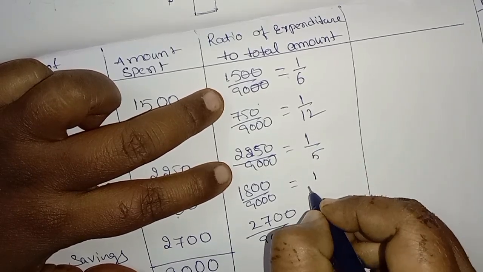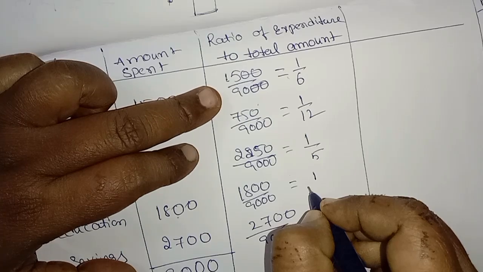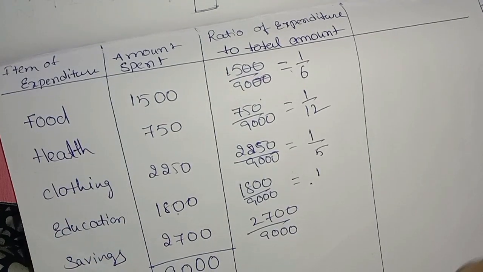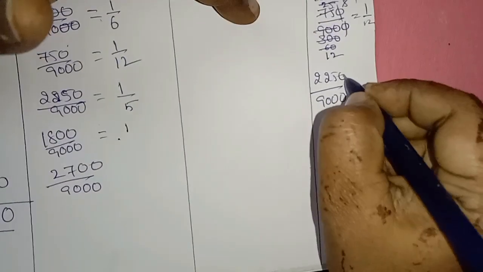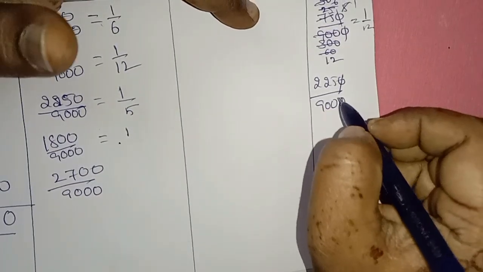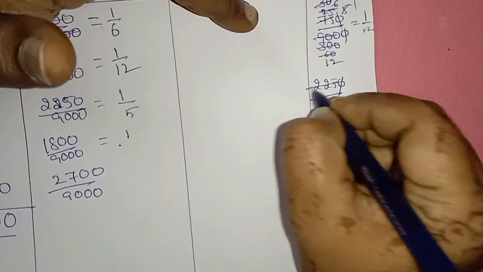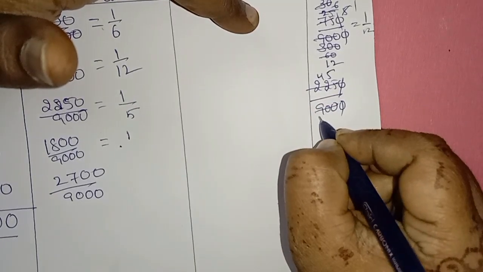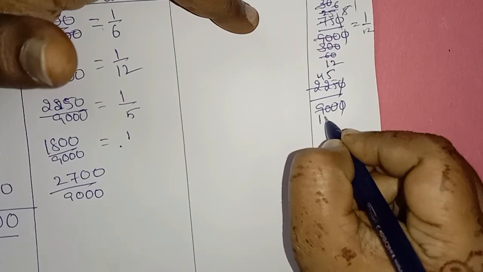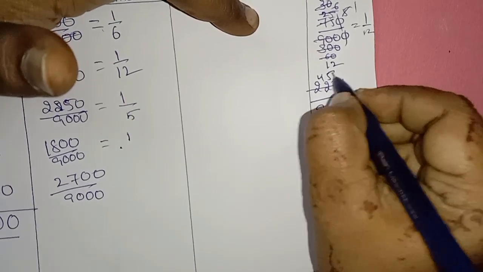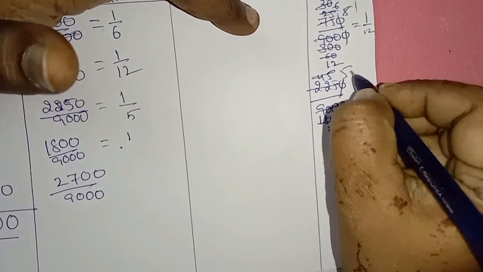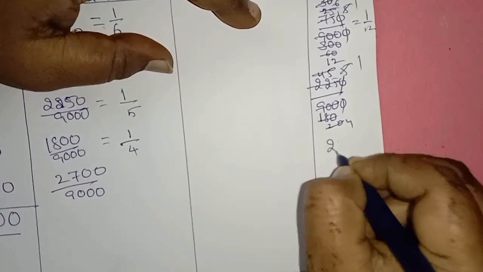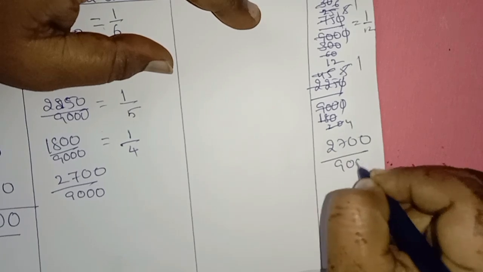And then 1800 by 9000, zeros cancelled, 5 table, you get 1 by 5. Then 1 by 4 is the answer for 2700 by 9000.